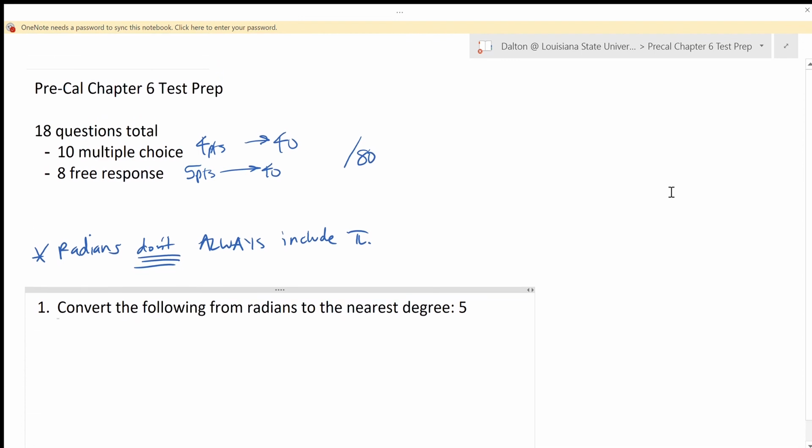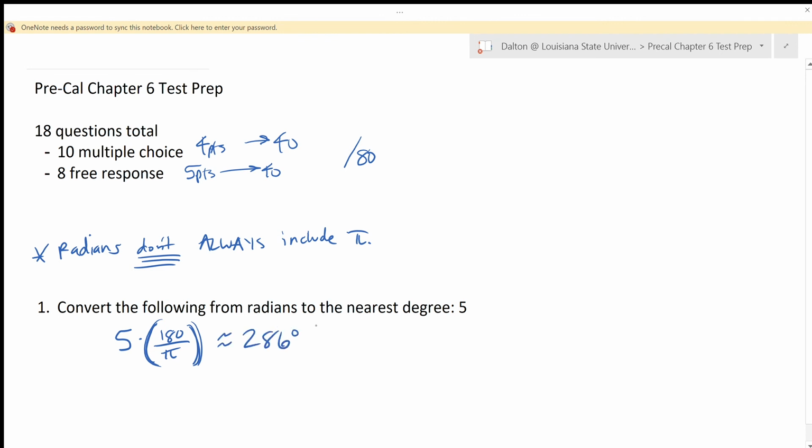I'm still going to do what I would normally do, even if my radians did have pi: multiply this 5 radians times 180 over pi. If you type this in your calculator, you have to make sure that you put this fraction in parentheses, or else your calculator is going to multiply 5 times 180 first and then divide by pi. If you plug this in, to the nearest degree you should get about 286 degrees.